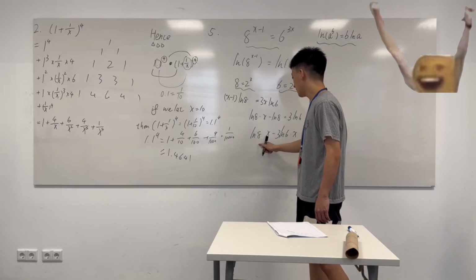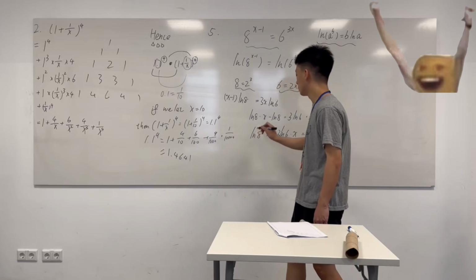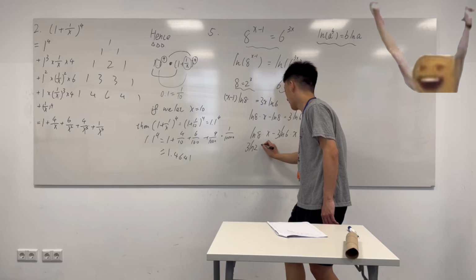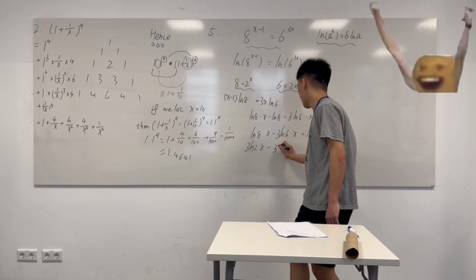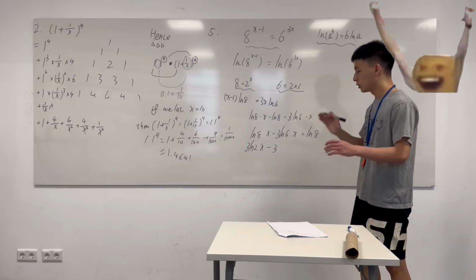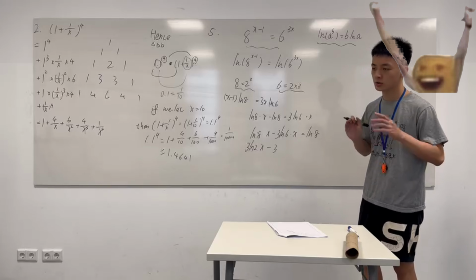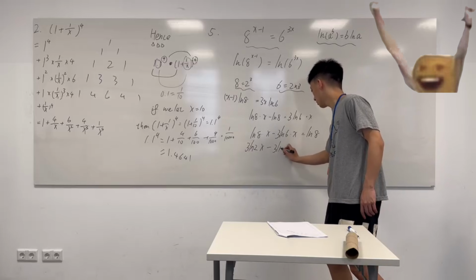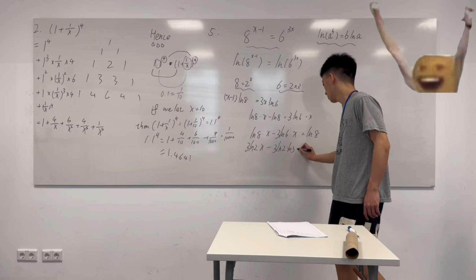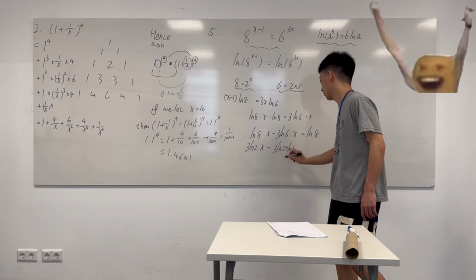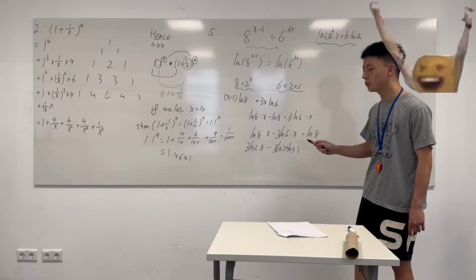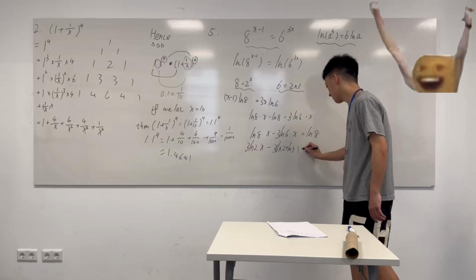So ln 8 is equal to ln 2 to the power of 3, which is equal to 3 times ln 2 times x minus 3 times... wait, because 6 is equal to 2 times 3, therefore ln 6 is equal to ln 2 plus ln 3, my bad.